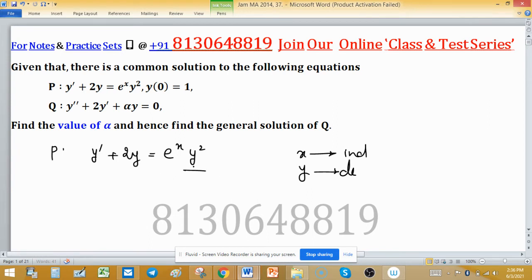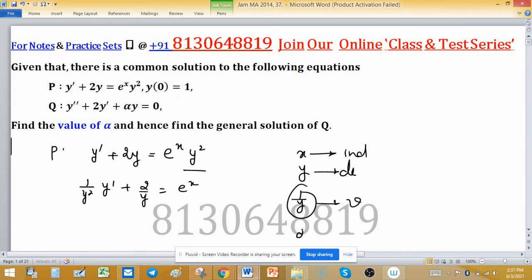If we divide throughout by y square, then we have 1 upon y square y prime plus 2 upon y is equal to e raised to the power x. Whenever the dependent variable comes in 1 upon y type, always replace it with another variable v.